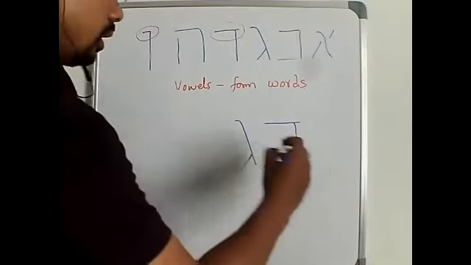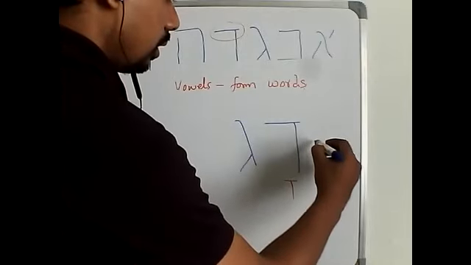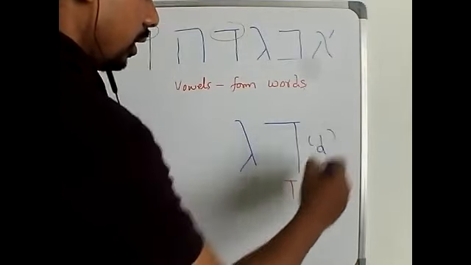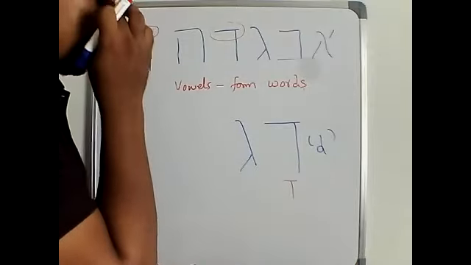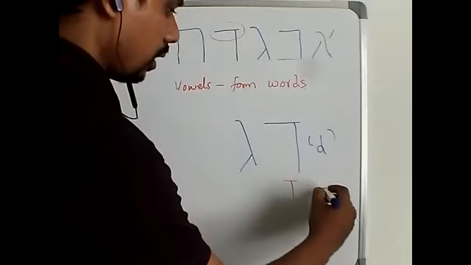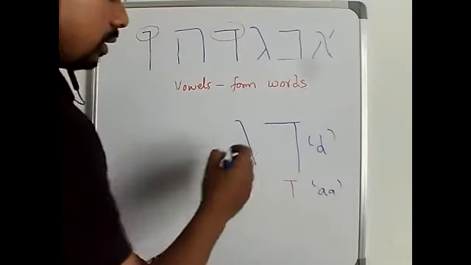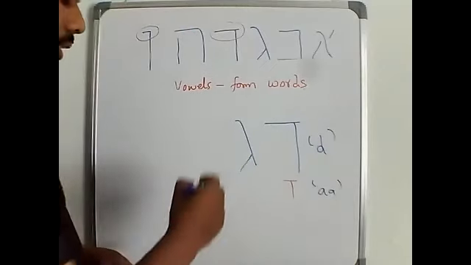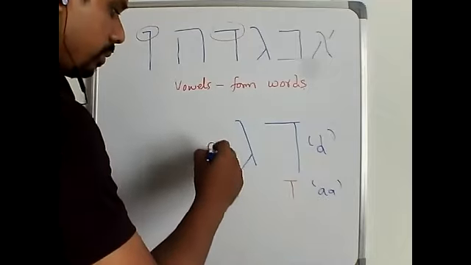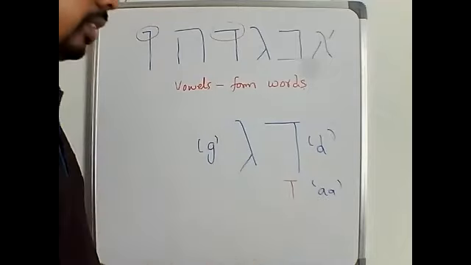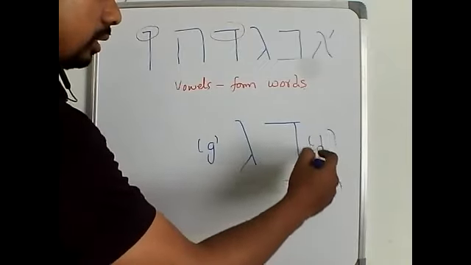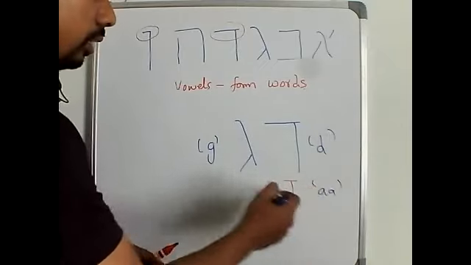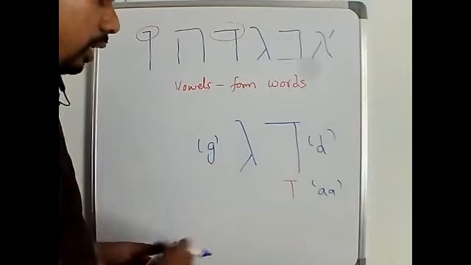This is Dalet, and the sound is D, and this is a vowel comets, and the sound is A. And what is the sound of Gimel? G. Now we will try to read it together. What is that? D, A, Da, and G, Ga, dog.